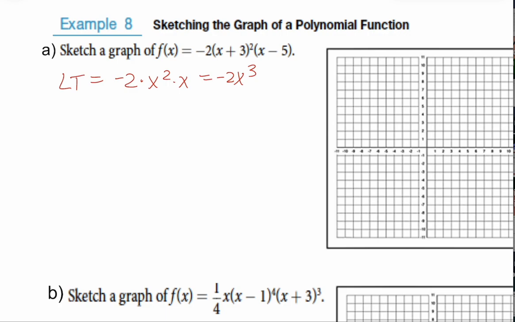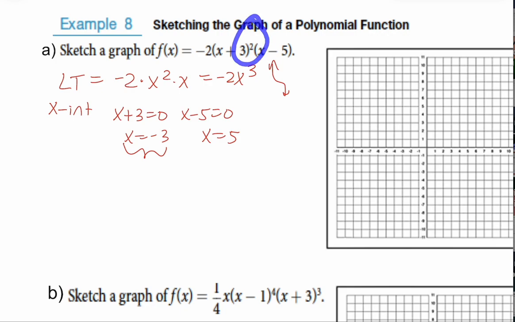So the left end's up and the right end's down. What are the x-intercepts? Well, it's where x plus 3 equals 0 and where x minus 5 equals 0. So that's going to be at negative 3 and at 5. But this one had a 2 on it. That's even. So that's a bounce.